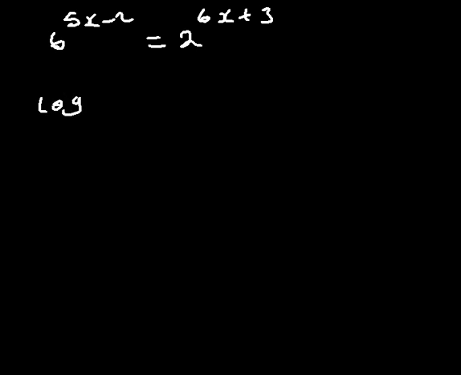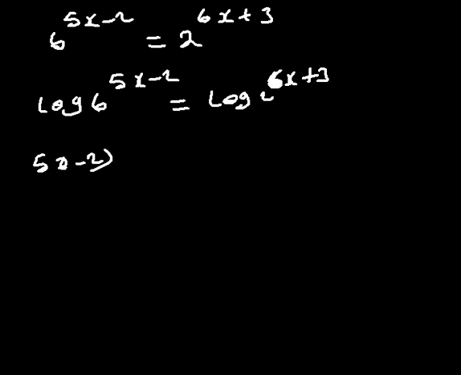So we have log 6 to the power 5x minus 2 equal to log 2 to the power 6x plus 3. In this case, we have 5x minus 2 times log 6, which is the same as 6x plus 3 times log 2.